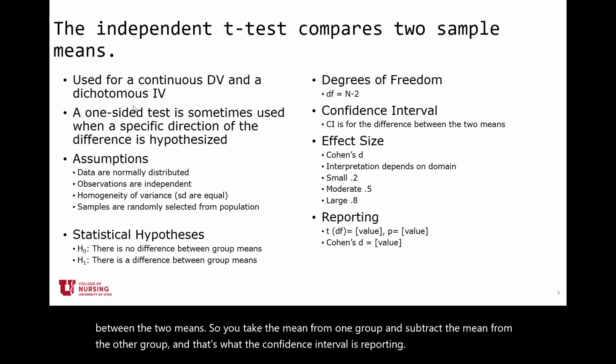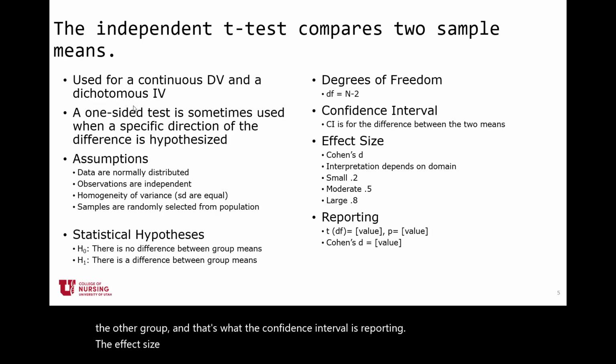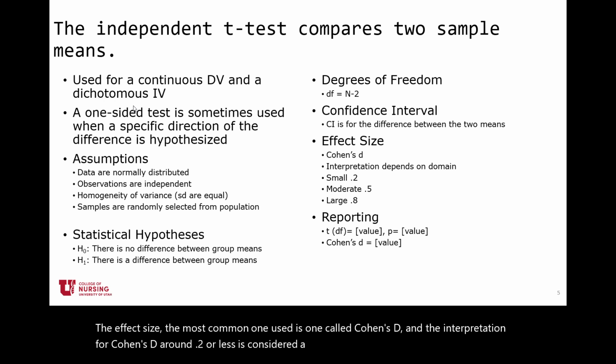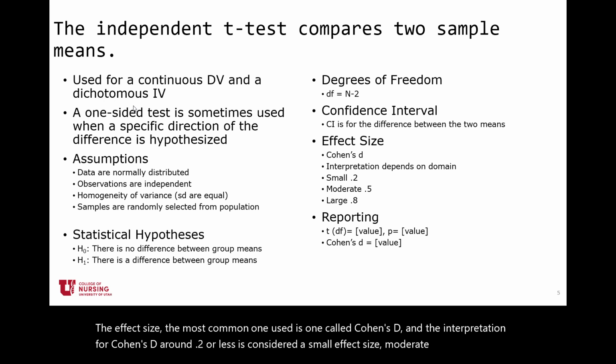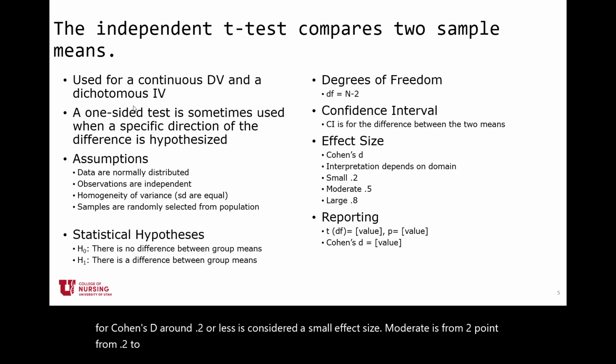The effect size, the most common one used, is called Cohen's d, and for the interpretation, a Cohen's d of around 0.2 or less is considered a small effect size. Moderate is from 0.2 to around 0.5 or 0.6, and up around 0.8 and above is what's considered a large effect size.